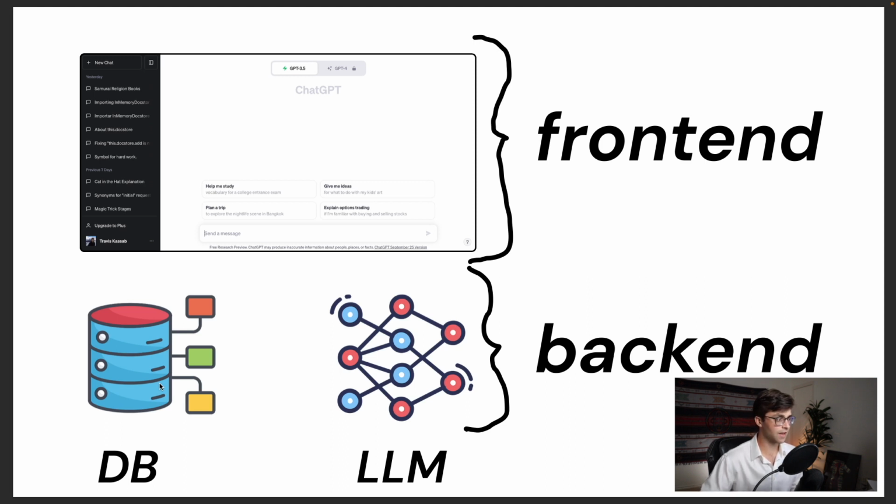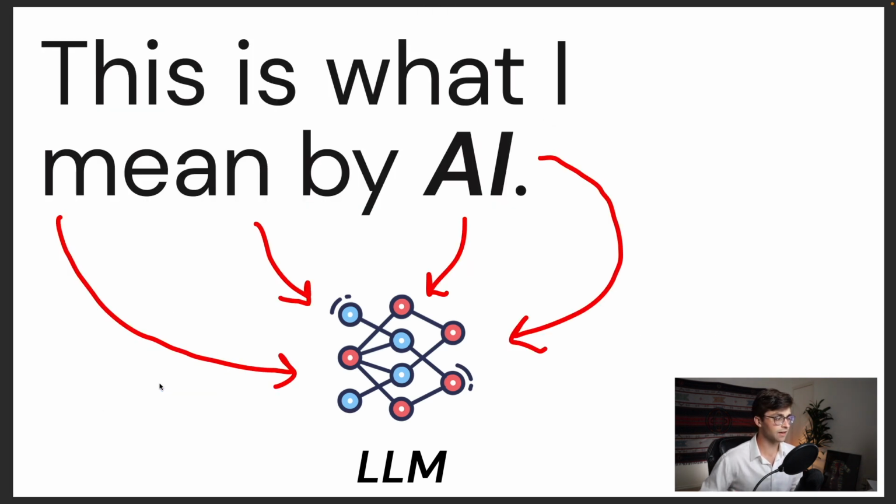And then it has the AI itself, which here I've labeled as LLM. In this case, this stands for Large Language Model. This is the AI and the brains behind ChatGPT. So this LLM is what I mean by AI for the purposes of this talk. And specifically, I'm talking about OpenAI's AI, which is GPT 3.5 Turbo and GPT-4.